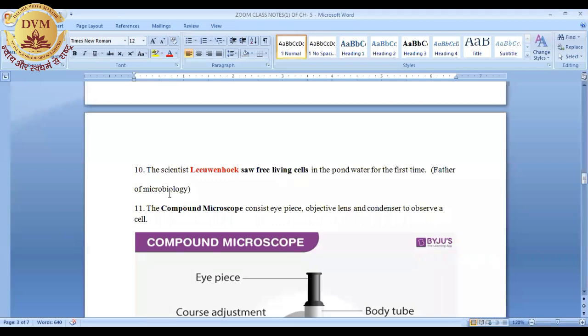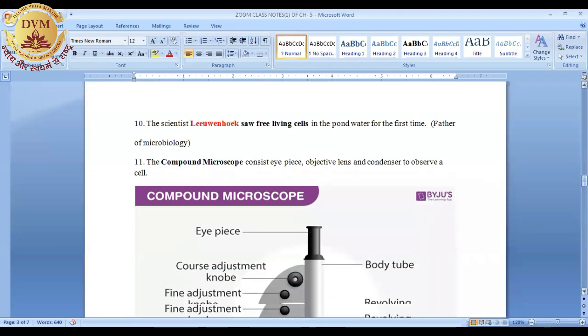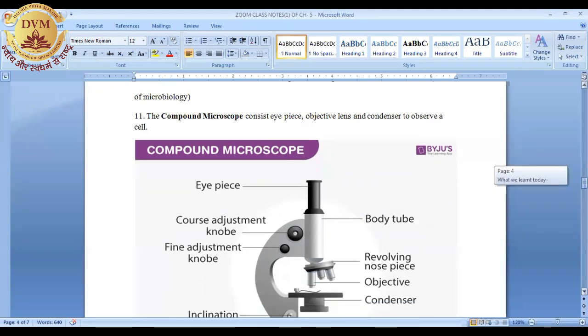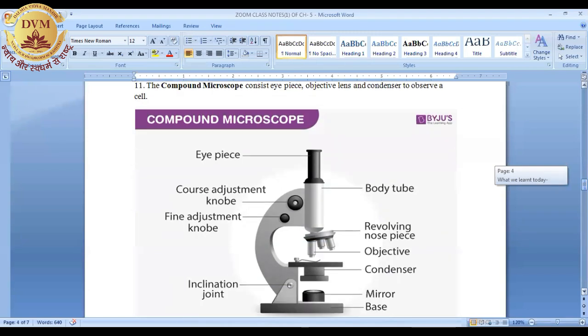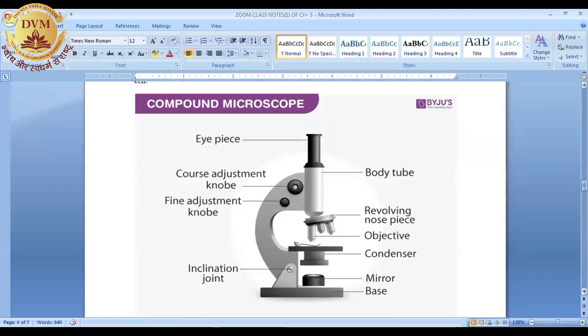Now, seeing the structures of the cell became possible after the discovery of the compound microscope and the electron microscope, right? So here we will have a look at the structure of the compound microscope. And when the school reopens, we will show you this microscope in our lab.